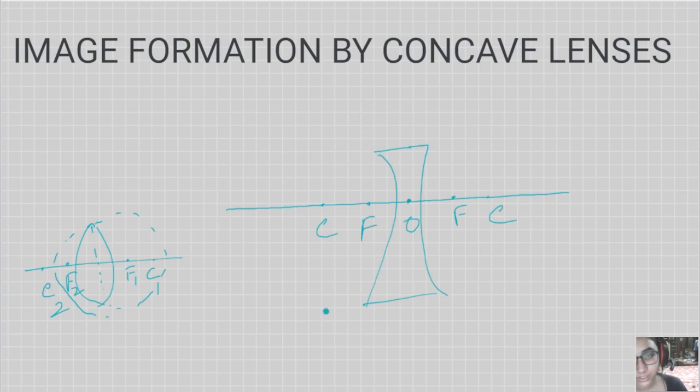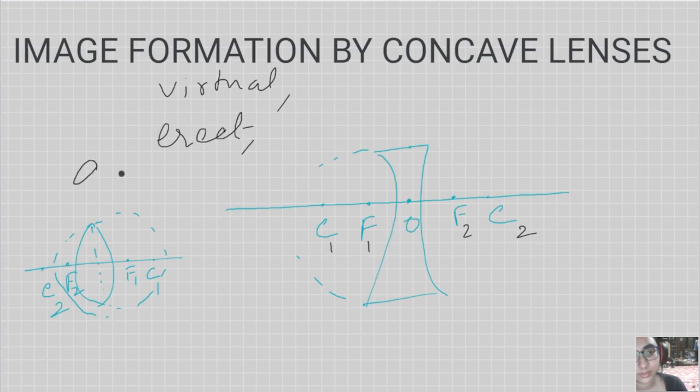So since this is the first surface, this is F1, C1, F2, C2. Again, the same thing: no matter where you put the object, we will get a virtual, erect and diminished image.